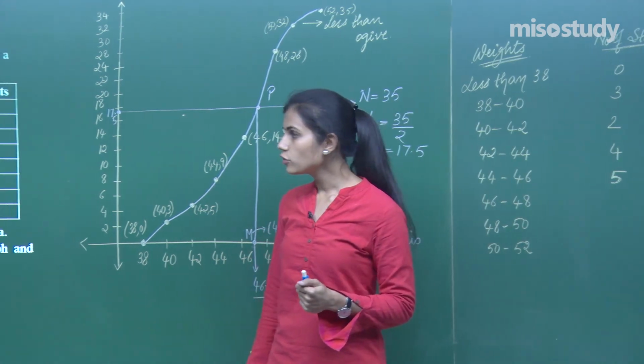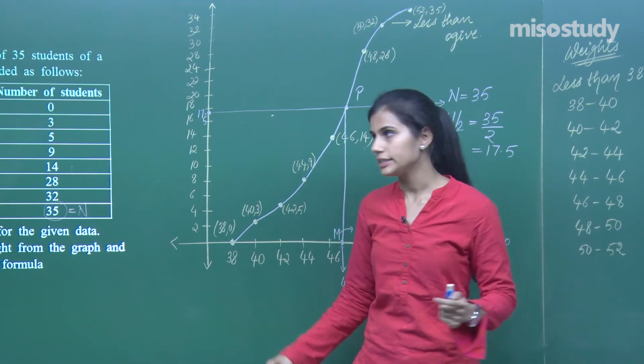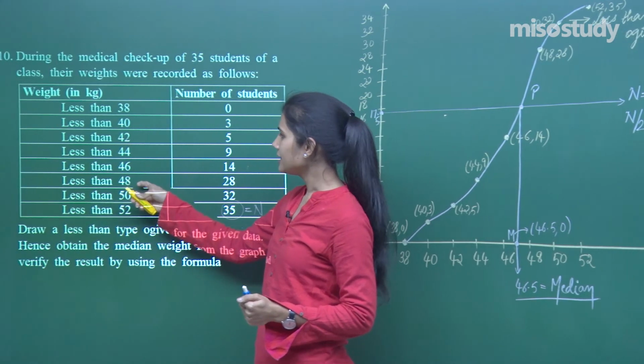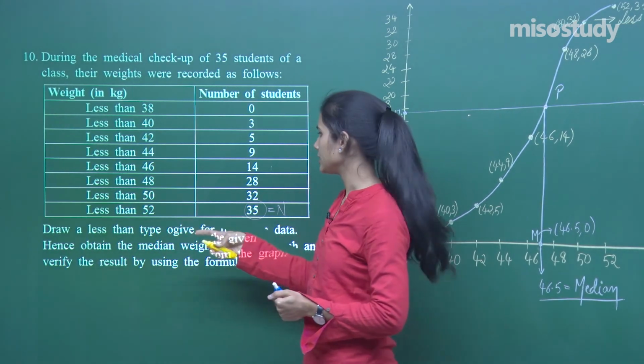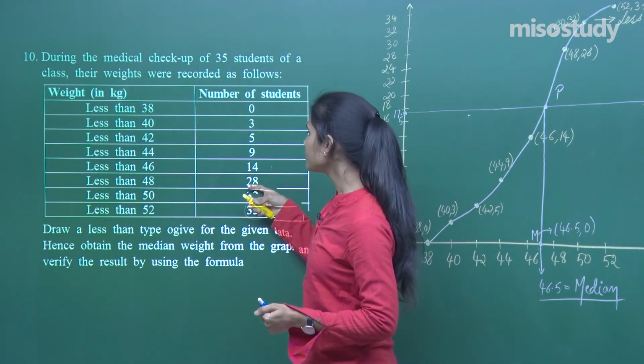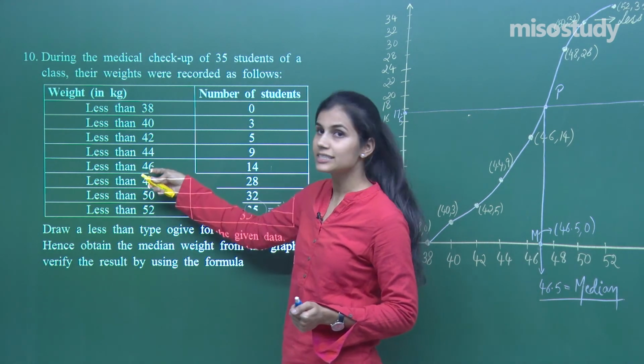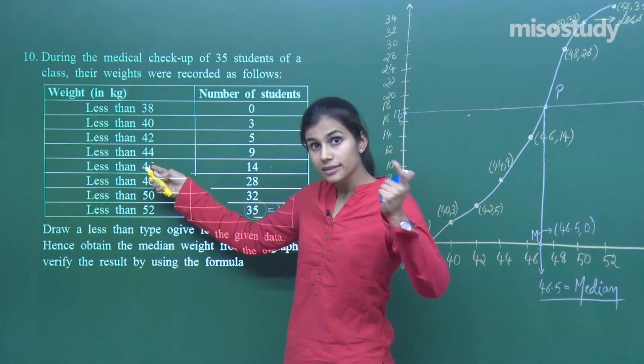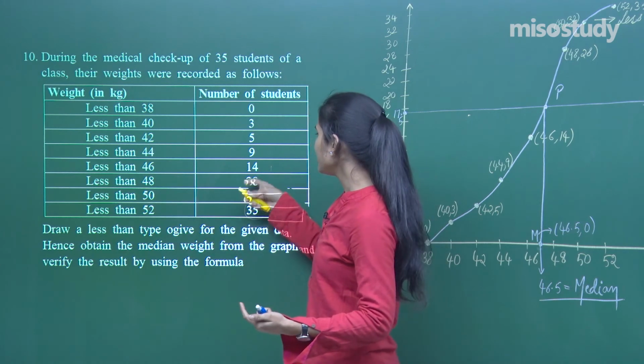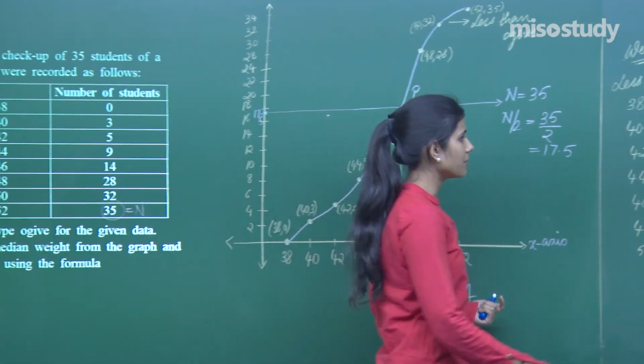As you have this 5 written over here, next you want from 46 to 48. 46 to 48, that means greater than 46, less than 48. Less than 48 is the weight of 28 students, out of which 14 students have weight less than 46. So 28 minus 14 gives you 14, which is going to come here.